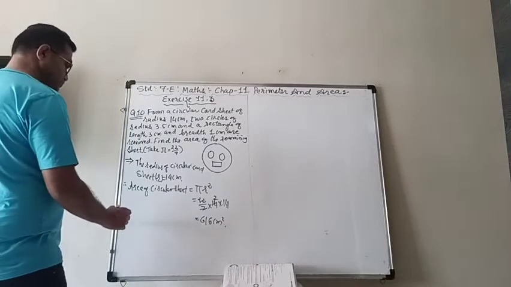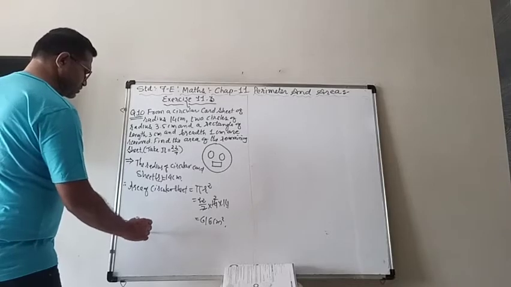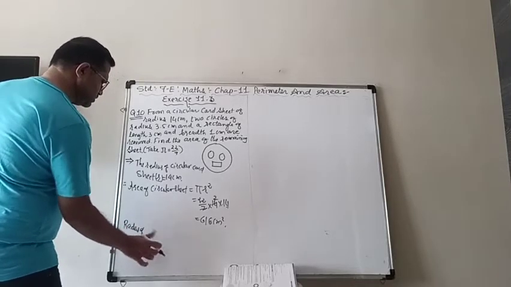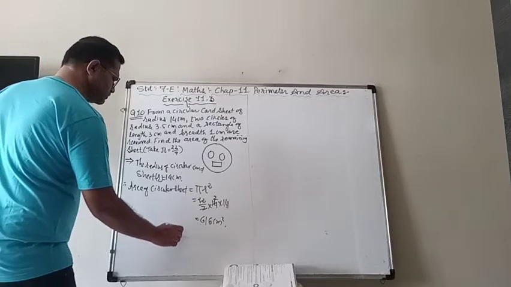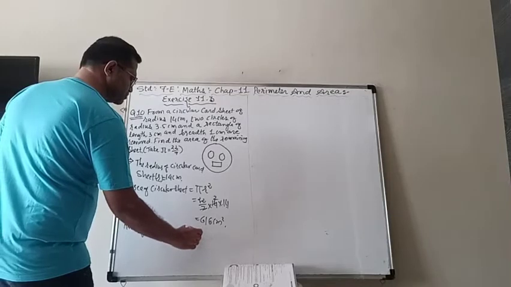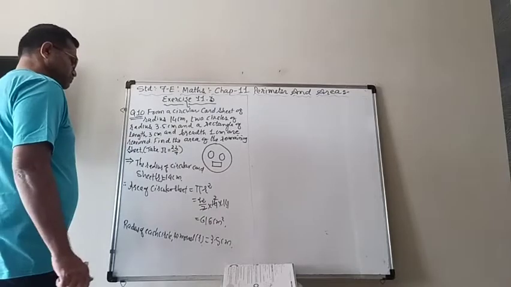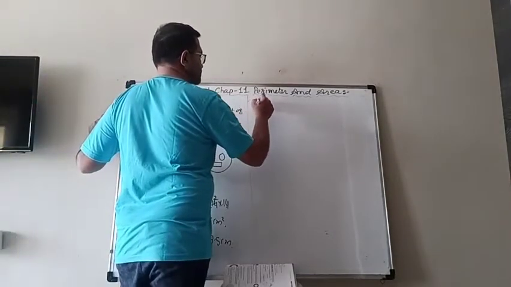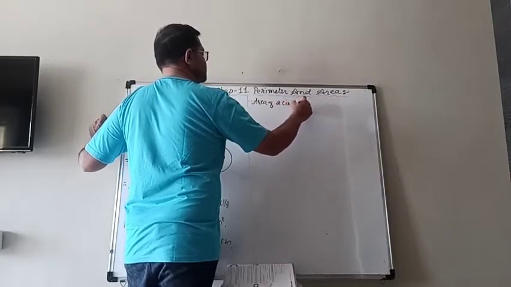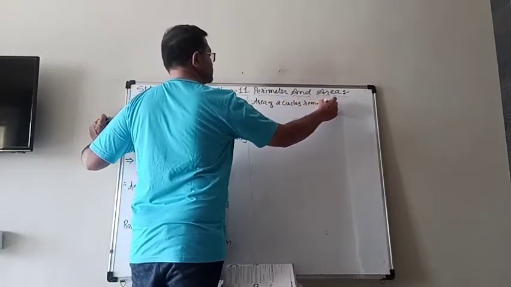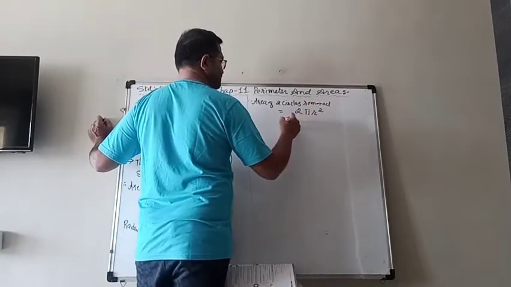Now, radius of each circle removed, that is how much? 3.5 centimeter. Therefore, area of two circles removed is equal to 2 pi r square because 2 circles.